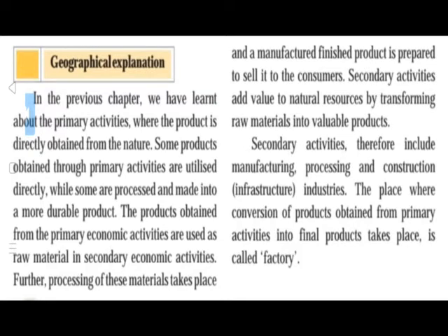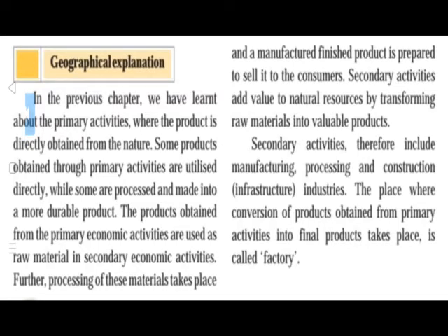So that's how, when products from natural resources are transformed into raw materials, they become valuable products. Secondary activities therefore include manufacturing, very important, and processing. There's a process which it goes through. Construction, as I said, construction and shipbuilding, infrastructure industry.